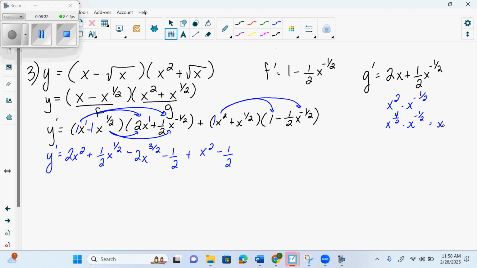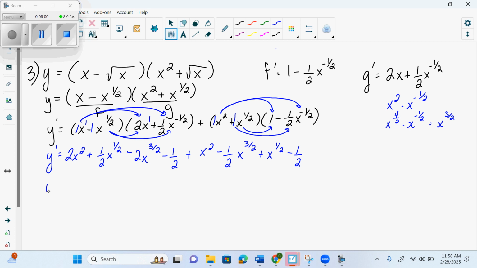Gets me x to the 3 halves, right? And then I have x to the half times 1 is x to the half. And then I have 1 times negative a half is negative a half. x to the half times x to the negative a half is x to the 0, so it's gone. Yeah?